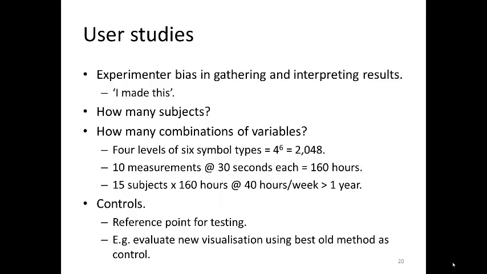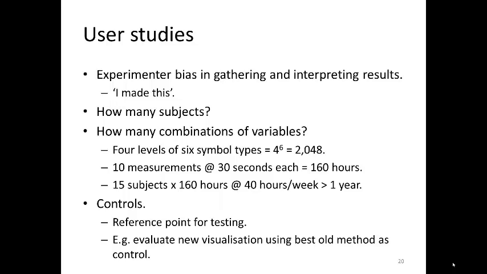So you take all that into account, and let's say you want to test out some kind of visualization. You've got 6 symbols, and each of those symbols has got 4 different levels. So that straight away means that you've got over 2,000 different testable objects. And let's say you want to take 10 measurements of each, and each measurement is going to take 30 seconds.